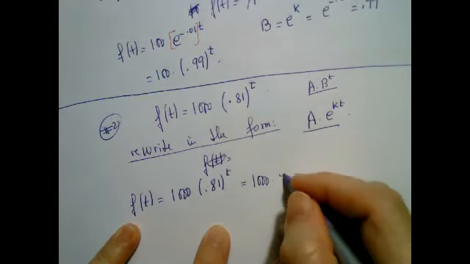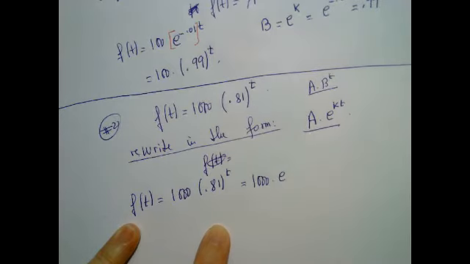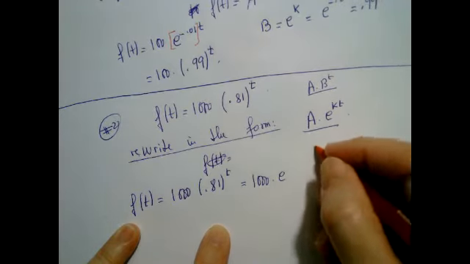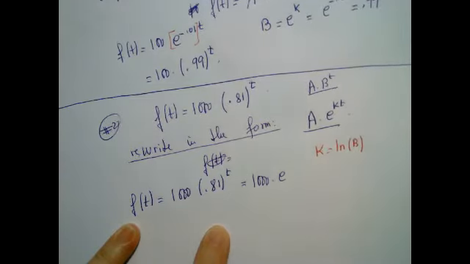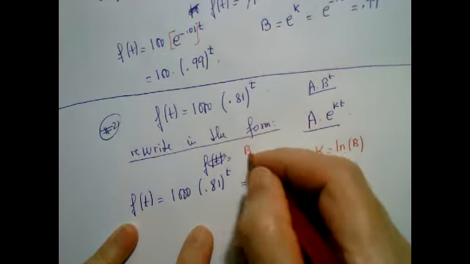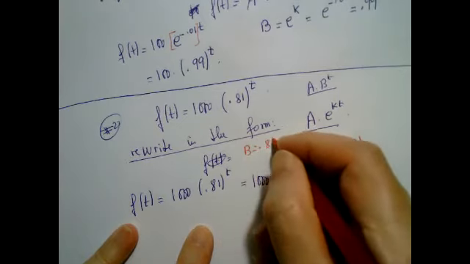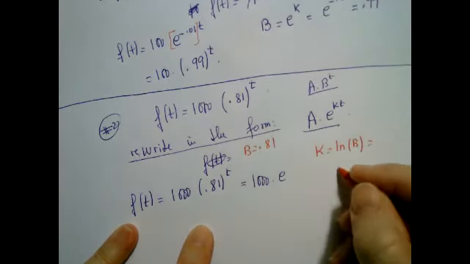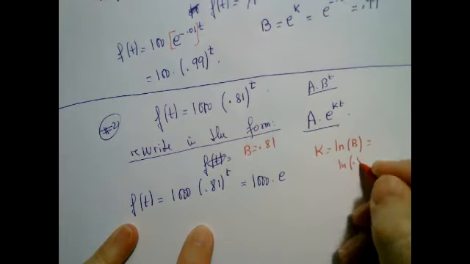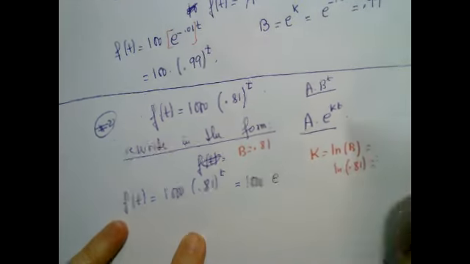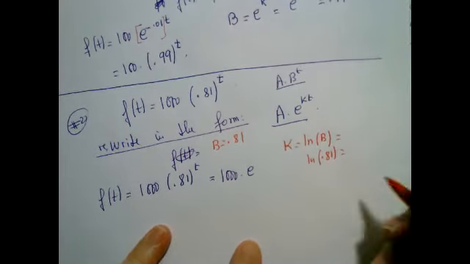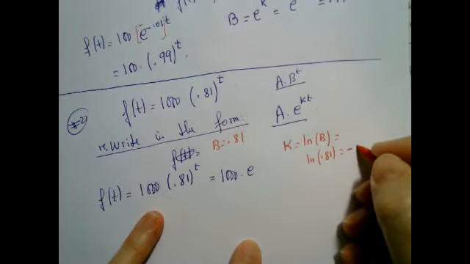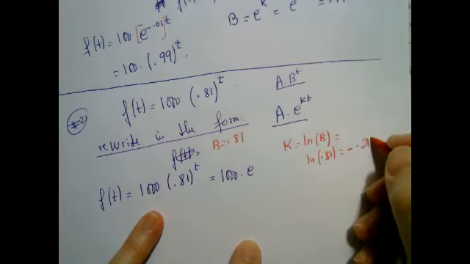So e to which power? kt. Now what's the k? Let us remember, the k is the ln of b. My b here is 0.81. It means it's the ln of 0.81. This is equal to, and one of your classmates is giving me the answer, minus 0.211.